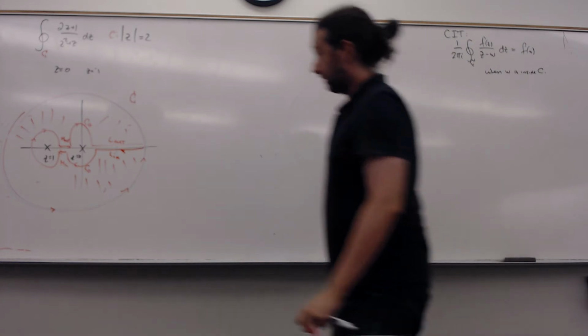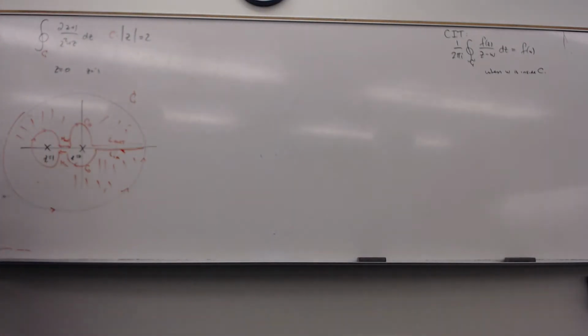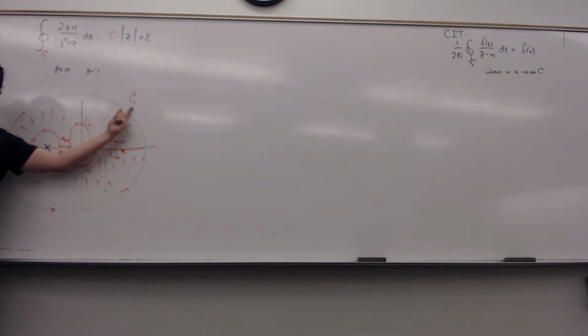So what we're going to do is write down an expression for these integrals. And then we're going to notice that the integral over the union of all of these things is 0. But the individual pieces, well, the thing we're interested in solving is the integral around C. That's our unknown, right?